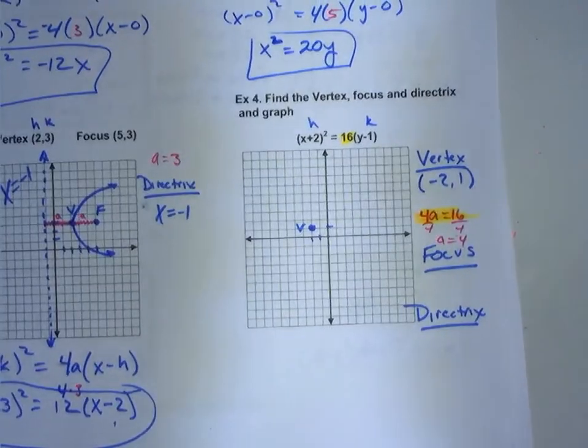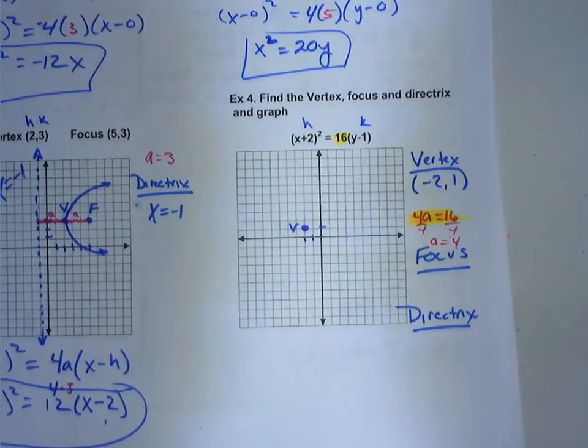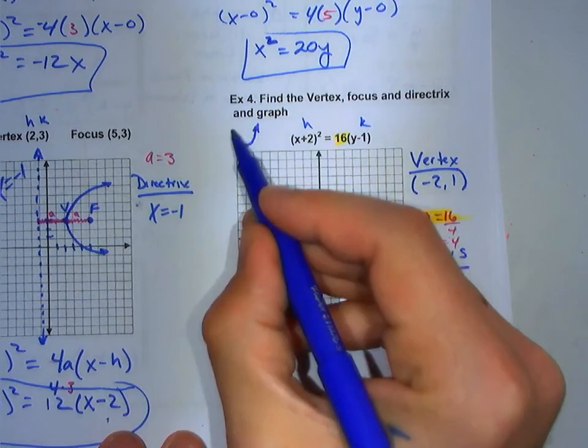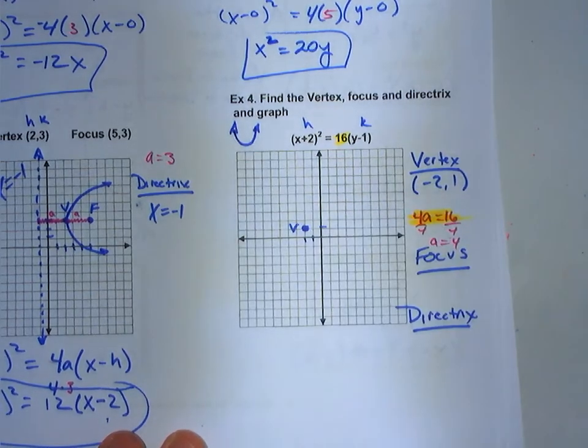Perfect. Now, you have to know which way this thing's going. And that's based on what's squared and if it's positive or negative. If the x's are squared, it's a function. And you have to know, is it positive or negative? Smiley face, frowny face. 16, is that positive or negative? What do you guys say? Smiley face. 16 is a positive number. It's a smiley face.